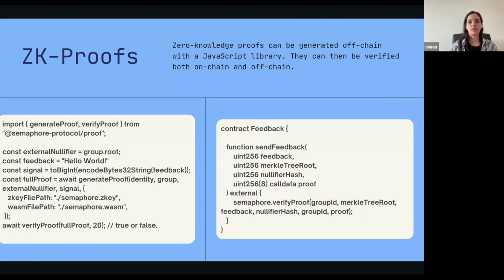If you verify it on-chain, everyone will be able to see that it's correct. If you verify it off-chain, only the server can see that it is correct. And this is the way you can do it for off-chain and on-chain.